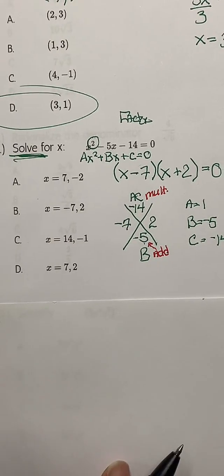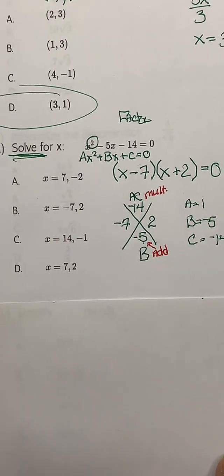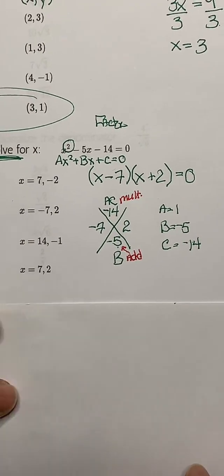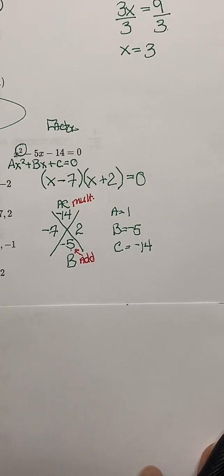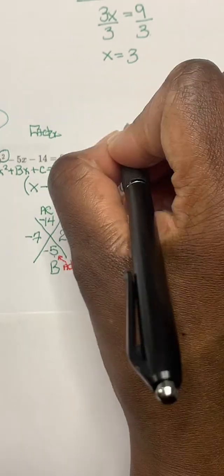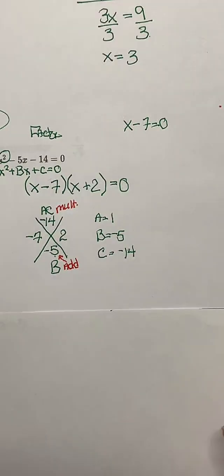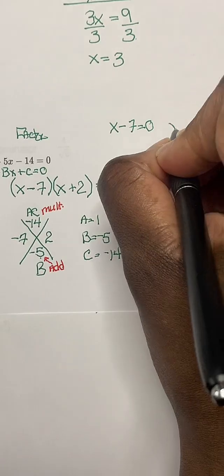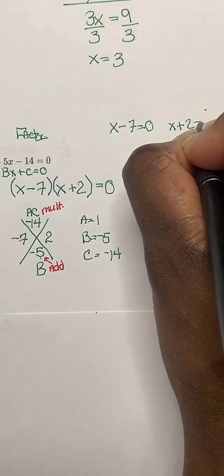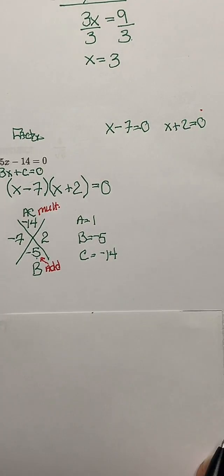So that means I need to set each of those parentheses equal to 0. We have x minus 7 is equal to 0, and x plus 2 is equal to 0.